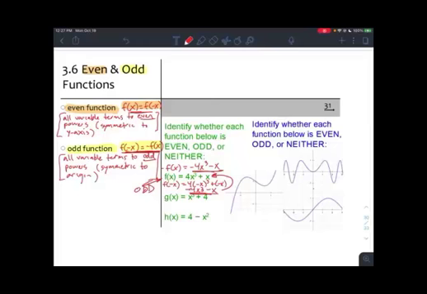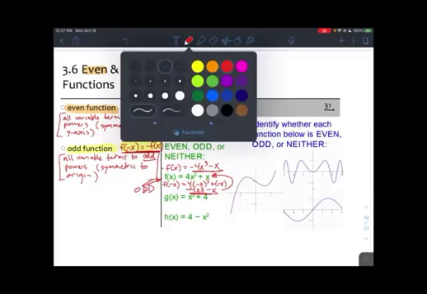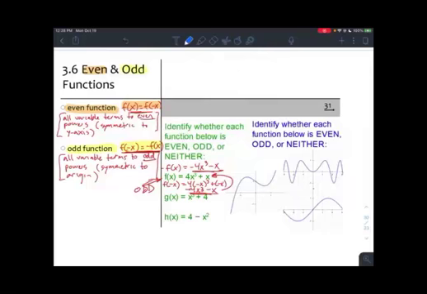Same thing here with this second g function. If we test it for g of minus x to see if it's an even function, negative x cubed plus 4 gives us negative x cubed plus 4. That does not equal the original function, so it's not even. We can now test for odd. If we take a negative g of x, change the sign of each term, so negative x cubed minus 4, and then compare that to our g of minus x, these are different.